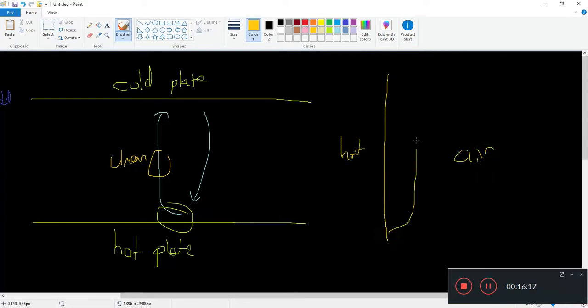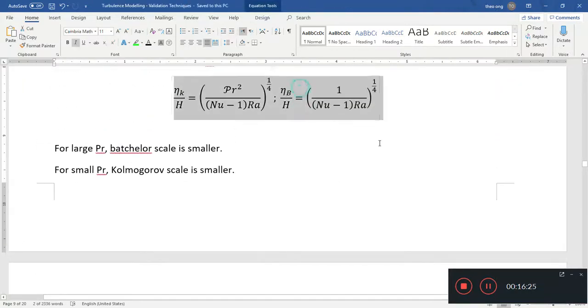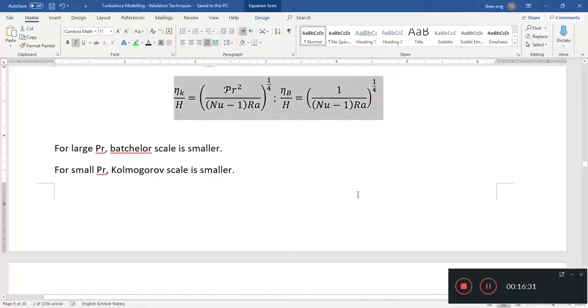Most of the natural convection will happen in the boundary layer. So most of these scales are very much relevant to the boundary layer. Whether it's in the free shear region or the boundary layer, these will be some of your characteristic scales.